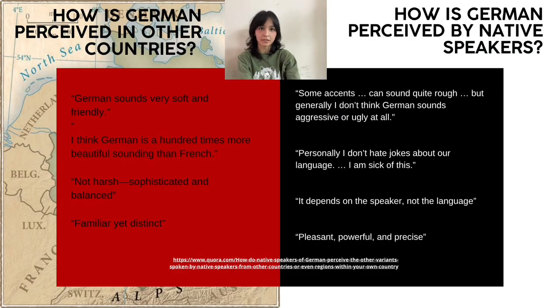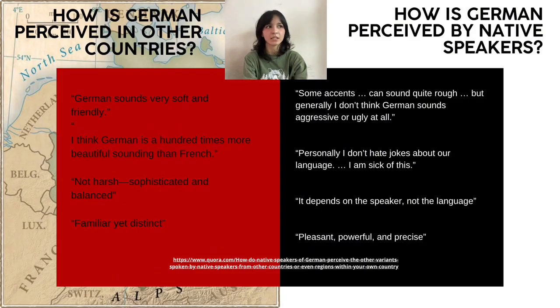We have that foreign countries perceive German as a very good sounding language. In general, they have a good perception of it. They say that it's friendly, it is kind of familiar, it is hard, but in general, it's very sophisticated and a beautiful language.